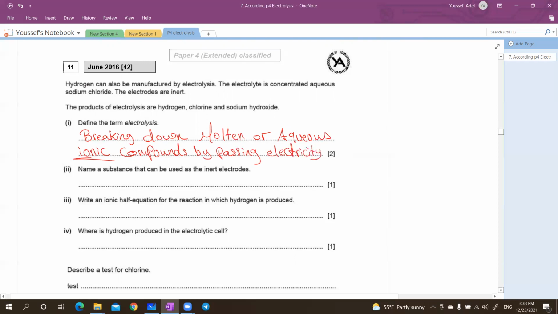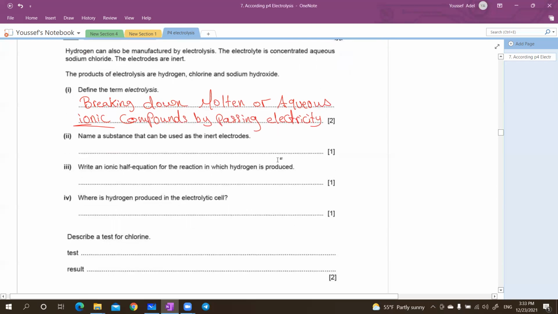So don't forget that this process is really important to decompose the ionic compounds, and they must be molten or aqueous to allow the ions to move freely. And we do this by passing electricity. Actually, the compound will change to elements. We break down the compound into elements.